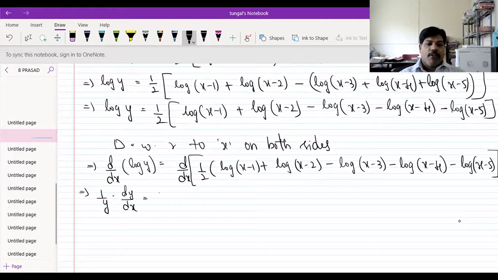So this 1 by 2 is a constant, students, so you can take it out and apply the derivative for each term.